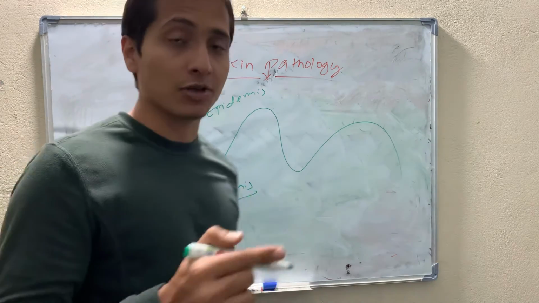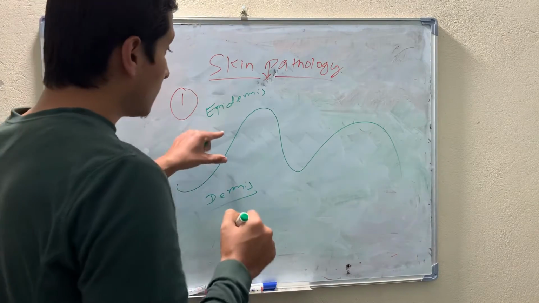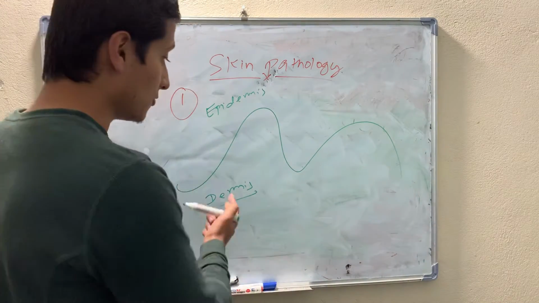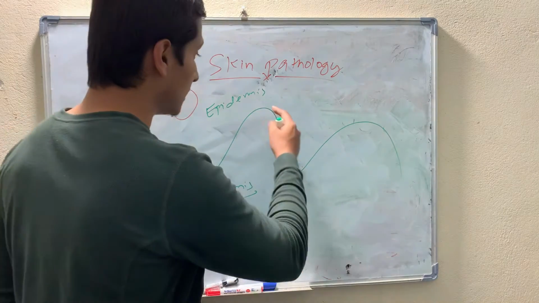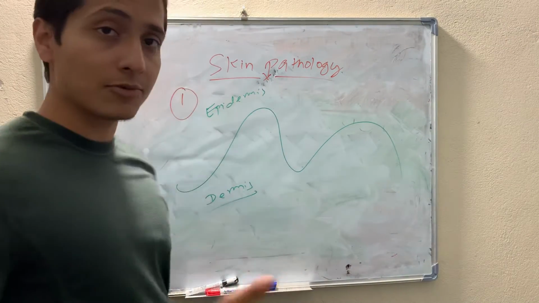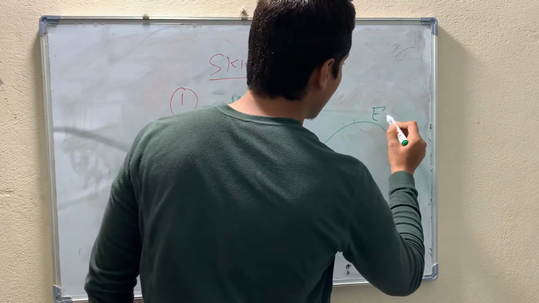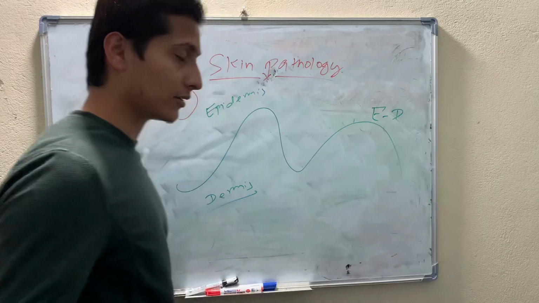Here's the epidermis and this is the dermis. So this is basically your epidermal-dermal junction.